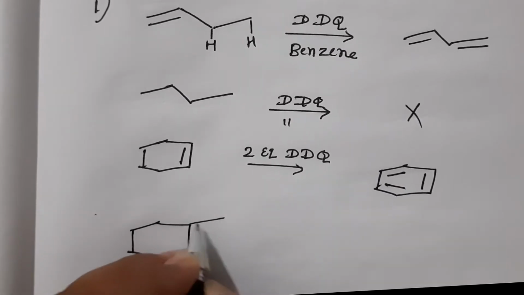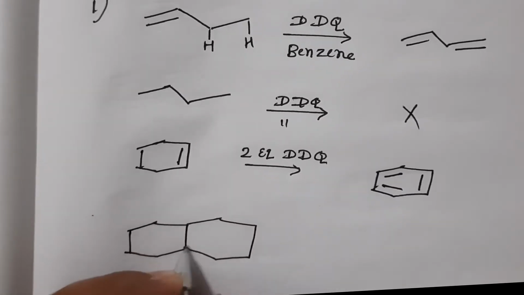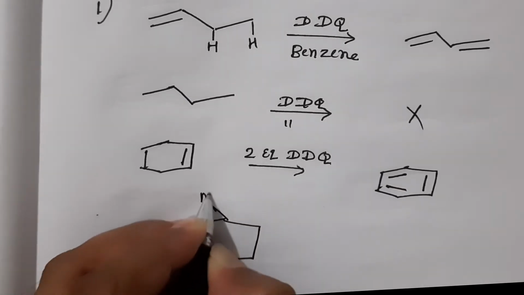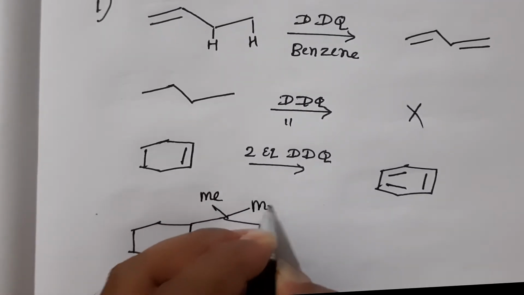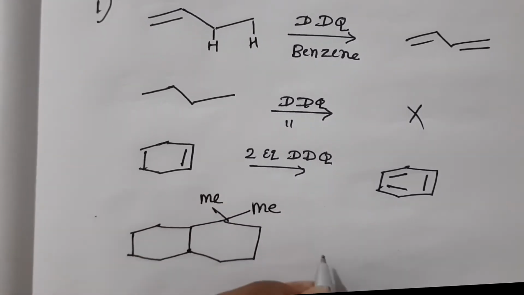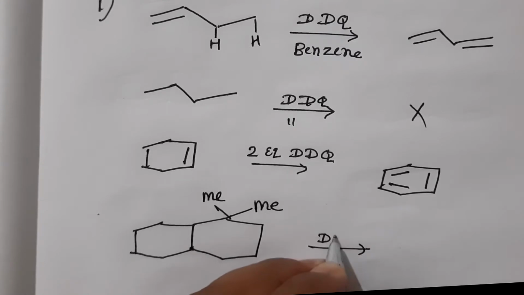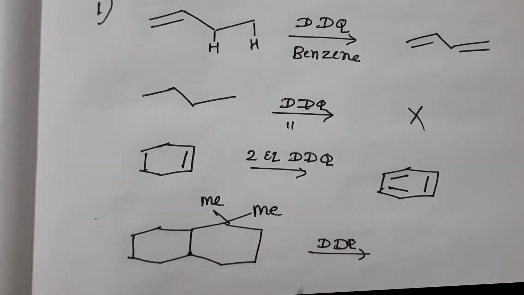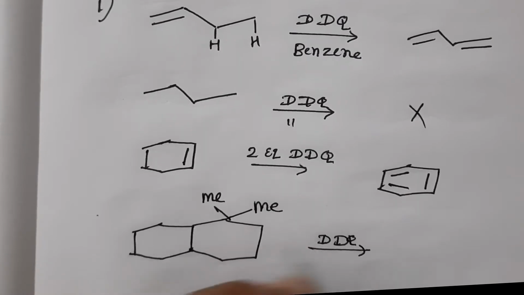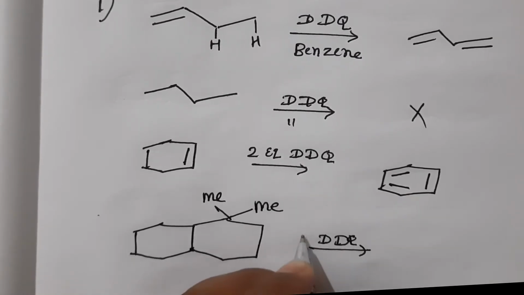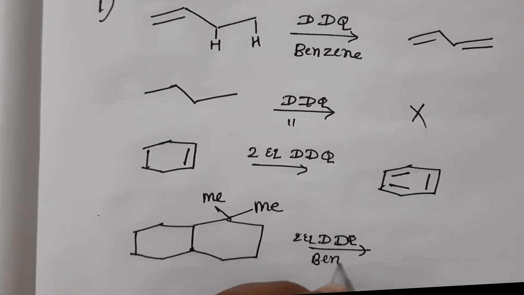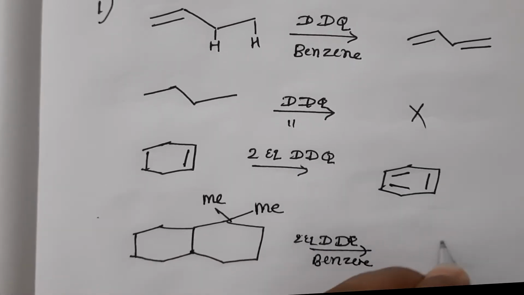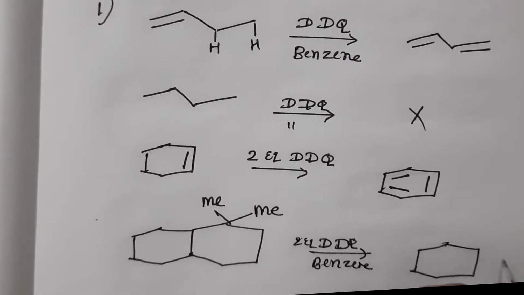If we react this type of molecule with two equivalents of excess DDQ in presence of benzene as a solvent, the product formed is like that.